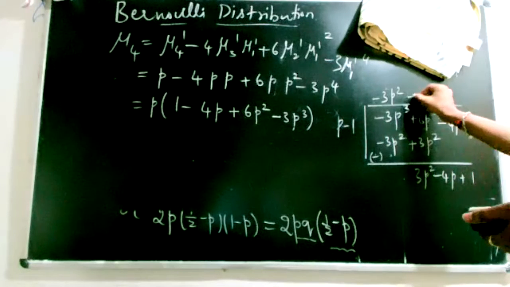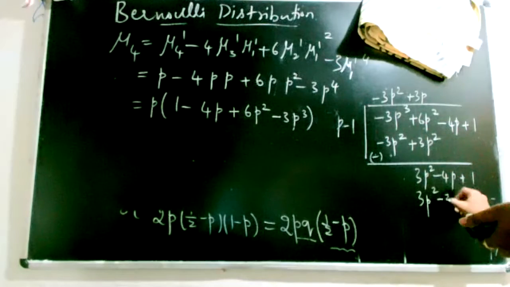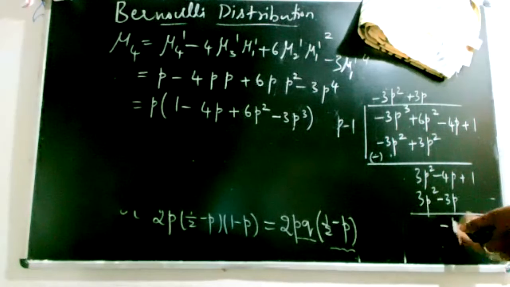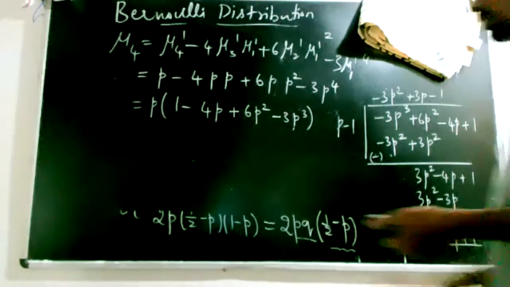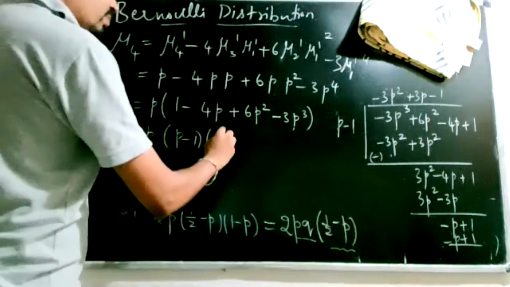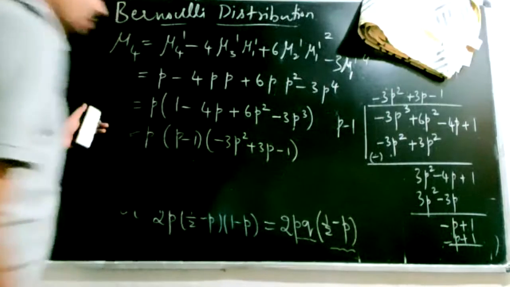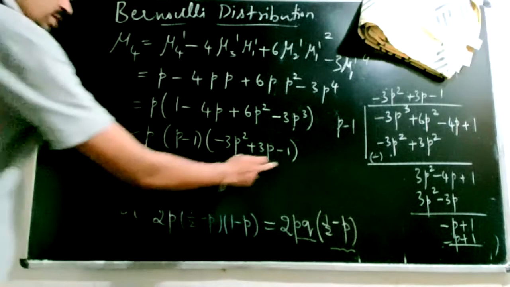So you multiply by 3p, get 3p square minus 3p. So you get minus p plus 1, minus 1 minus p plus 1. So you can write this as p into p minus 1 into minus 3p square plus 3p minus 1. Now see whether we could factorize this further.